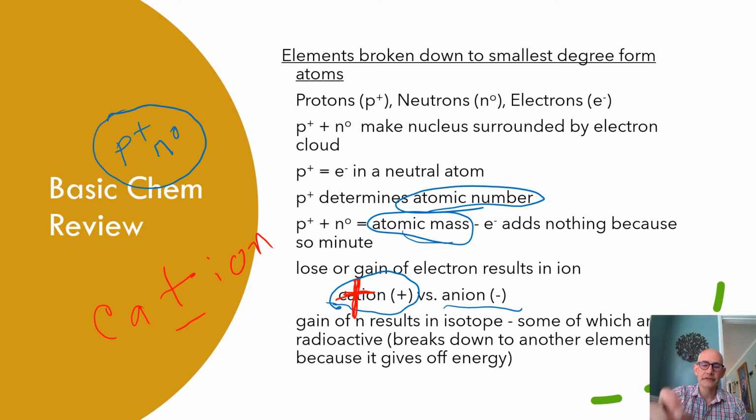All right, we can also change the element by adding extra neutrons, and that is going to give us an isotope. Generally, isotopes don't do anything except change the atomic mass, but sometimes if you have an uneven balance of protons and neutrons, then they become unstable and they will break down, giving off radiation.